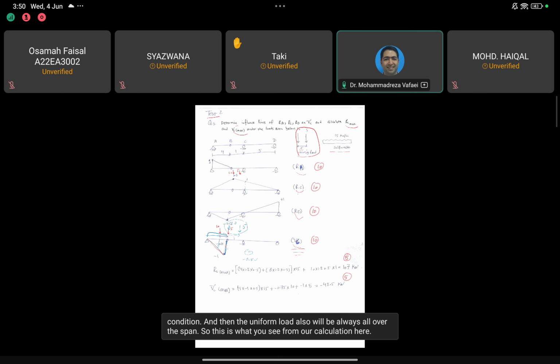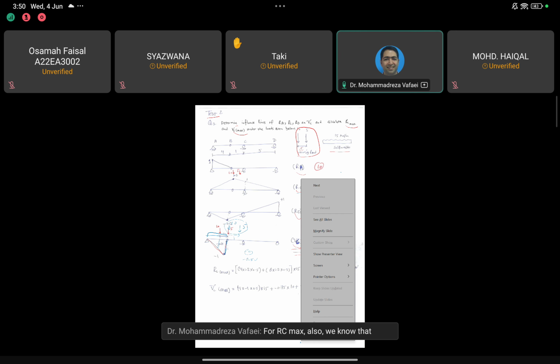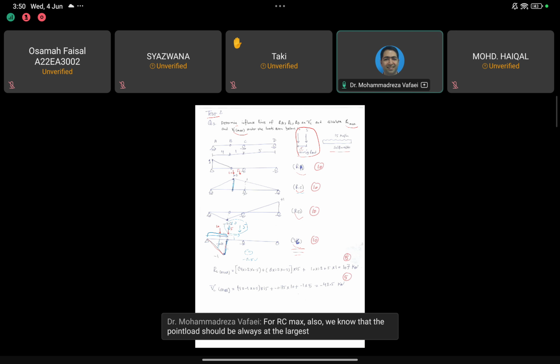For RC max, we know that the point load should always be at the largest height. Here we have 1, here we have 1.2, and the distance given to us is 1 meter. So 10 goes to the highest height and 5 goes to 1.